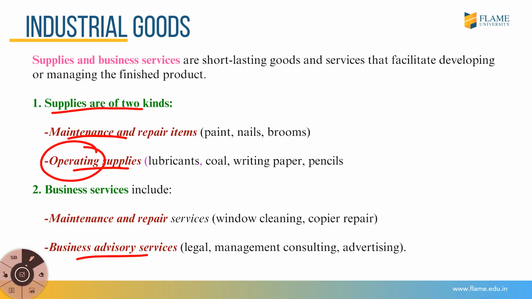Then there are also legal matters. If there is a legal proceeding, the company has legal services, or they take advice from legal experts who help the company. All this forms the business advisory services. So now we see how the goods are divided and segmented.